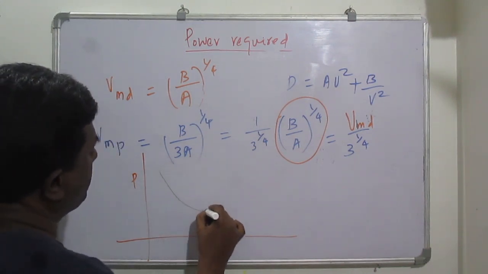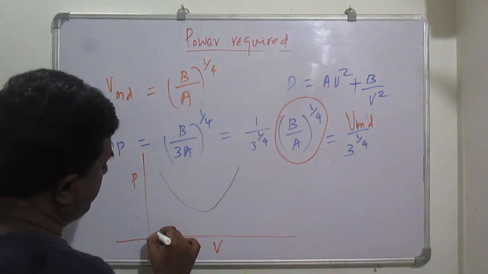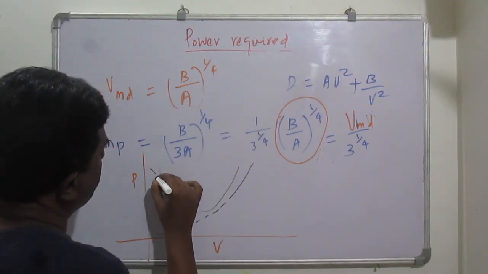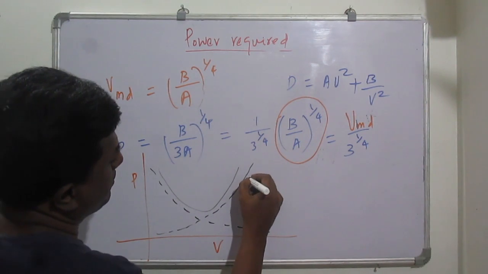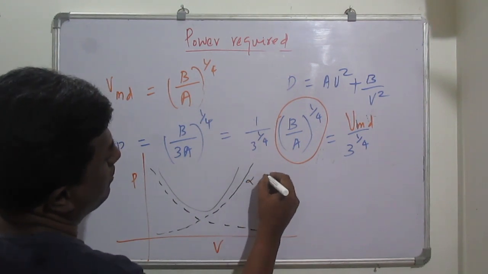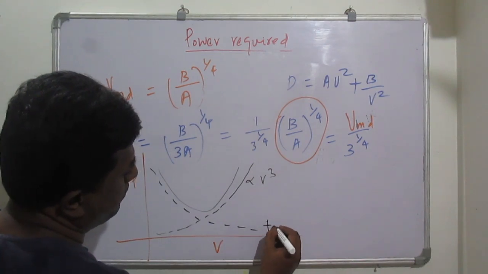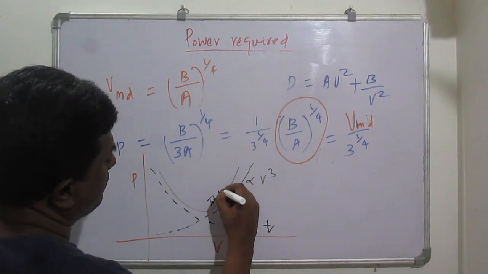It will be like this: one curve is with respect to v cube, and another is 1 by v. So this is the total power.